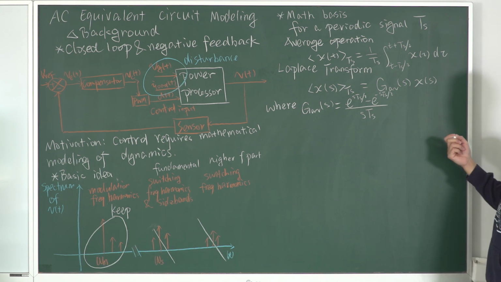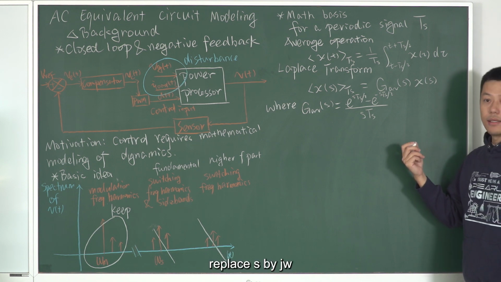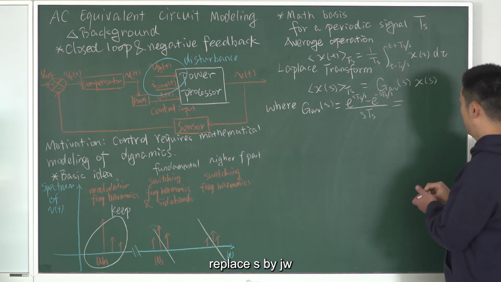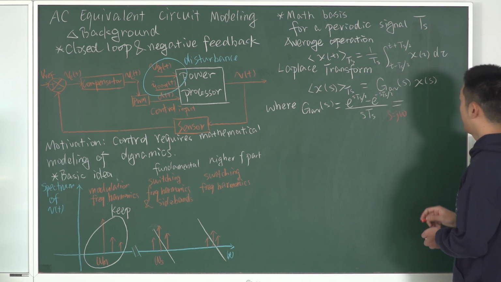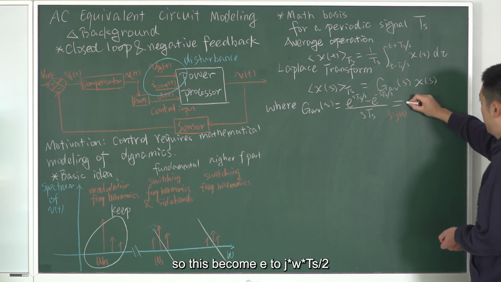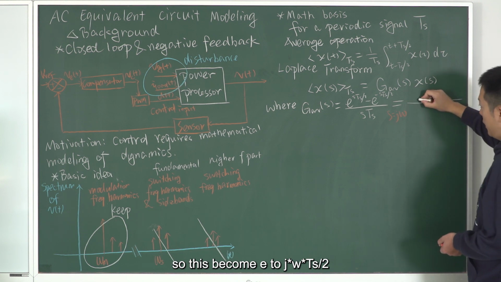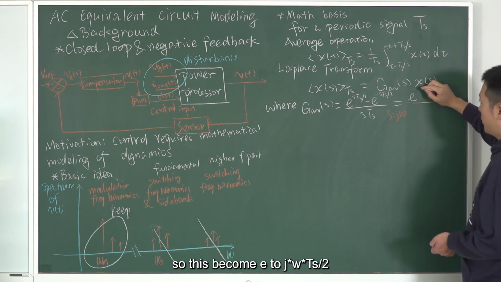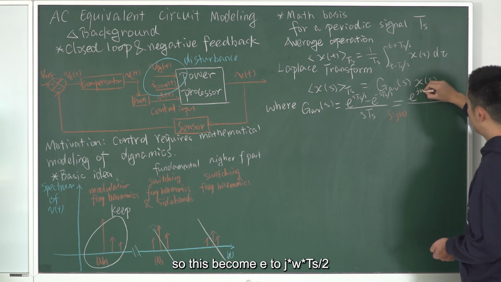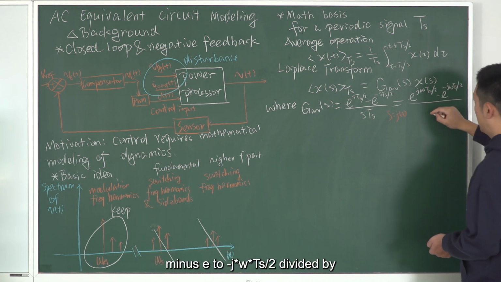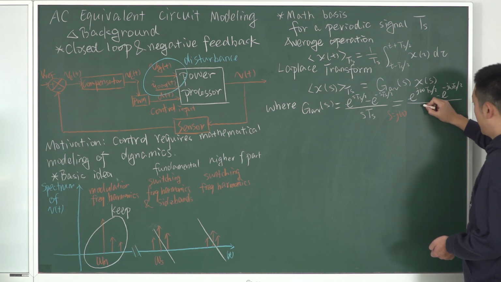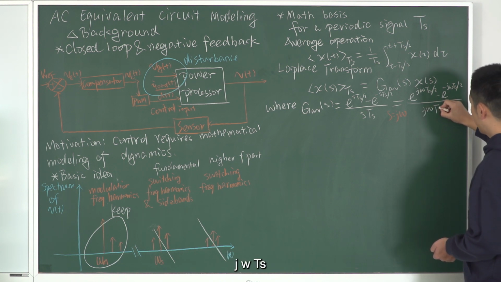Then we can replace s by j omega. So this becomes e to the j omega Ts over 2 minus e to the minus j omega Ts over 2, divided by j omega Ts.